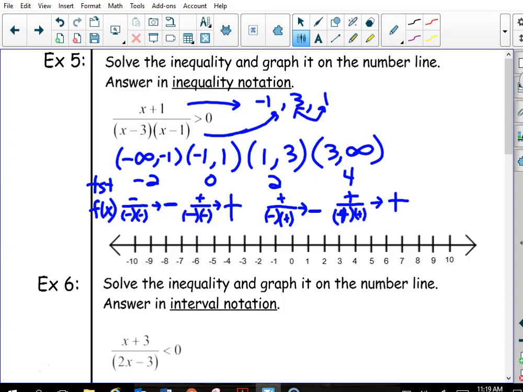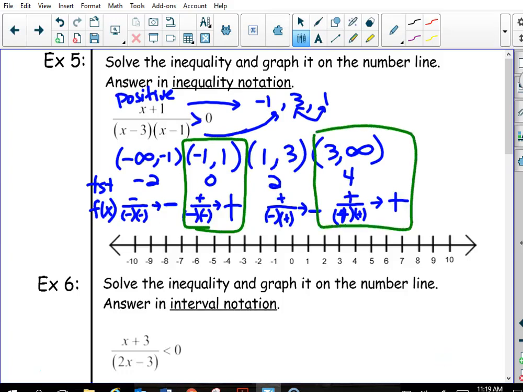So this is asking where it's greater than 0. That means positive. So our solutions are going to be in those intervals. I'm going to write it in inequality notation. So x is less than 1 and greater than -1.